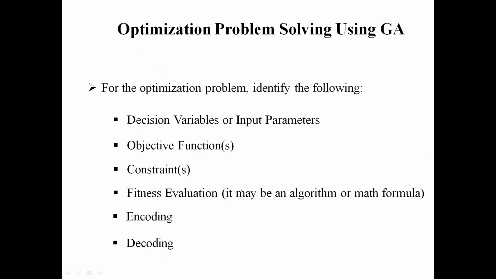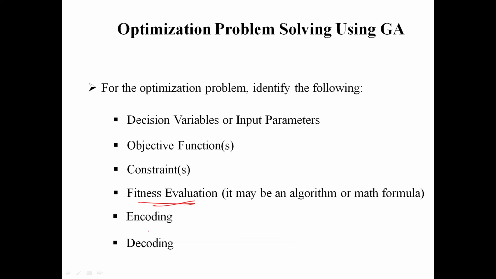Now, when you're given a problem to solve with a genetic algorithm, you may have to find out what the decision variables or input parameters are. Based on that, what should be the objective function, whether it's maximization or minimization, and what are the conditions of this maximization. Once you determine all that, we need an algorithm or a mathematical formula for finding the fitness function of that particular input.